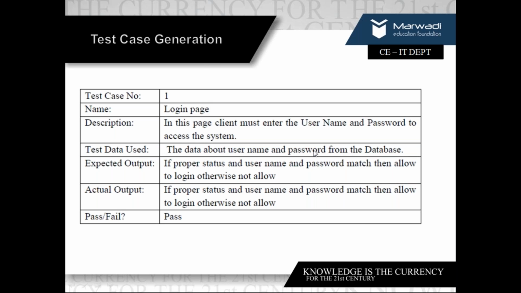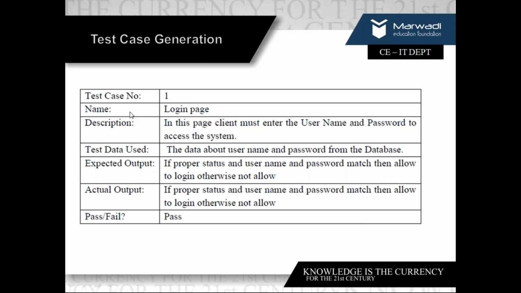Test data used: what test data you have used? When you are testing, the test data you will be using, the expected output, the actual output. See, in the PPT where I started testing, we talked about expected output and actual output while discussing error. So we'll be talking about this also. Fine.